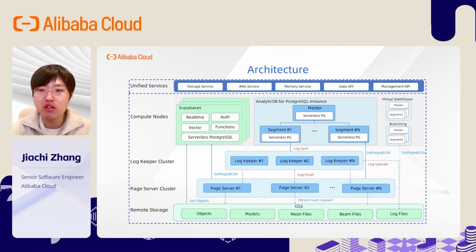The storage responsibilities are handled by components including log keepers, page servers, and remote OSS-backed object storage. Built on this shared storage, we can offer Supabase services and advanced capabilities like virtual warehouses and database branching. They involve independent scaling, stronger durability, and simpler operations.